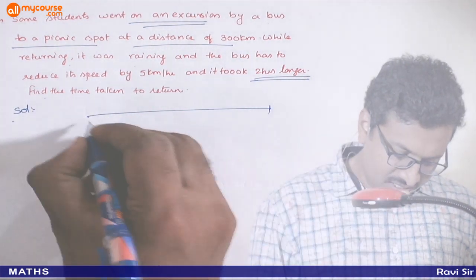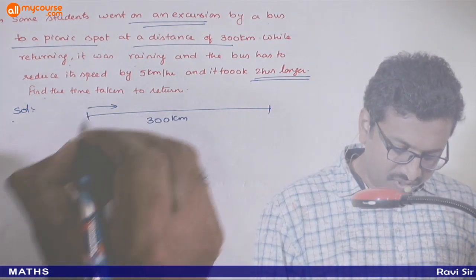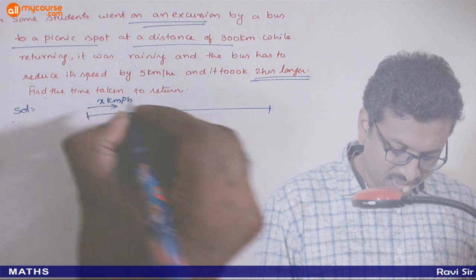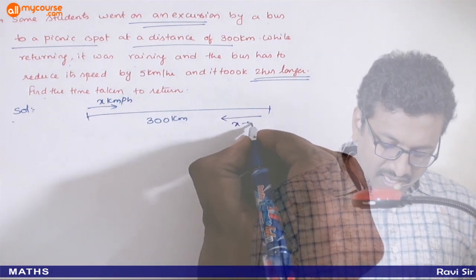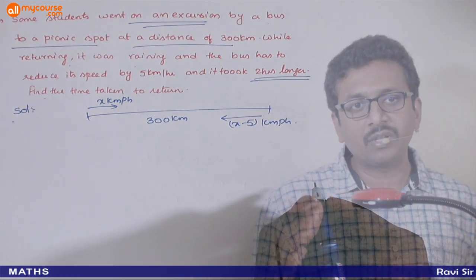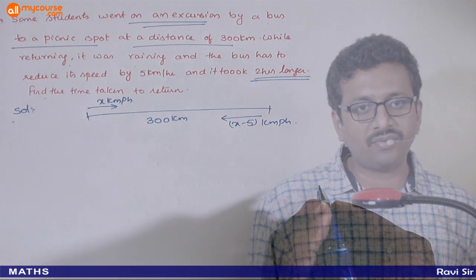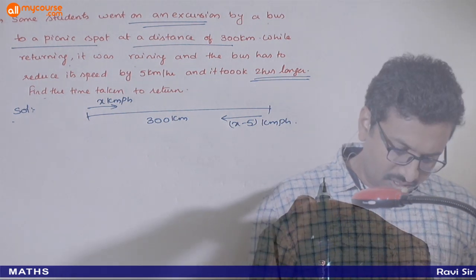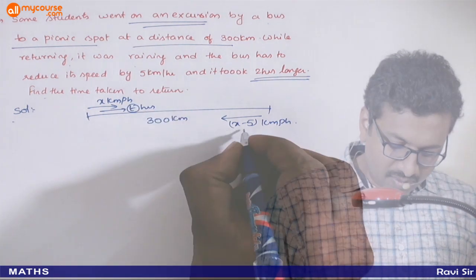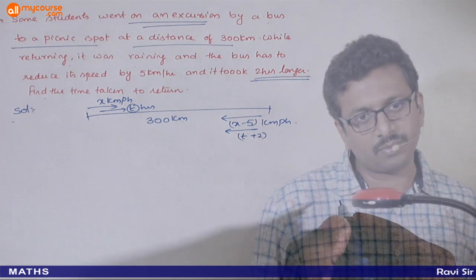So the total distance is 300 kilometers. If the forward speed is x kilometers per hour, the backward speed is x minus 5 kmph. Now if the forward time is t hours, the backward time is t plus 2 hours.